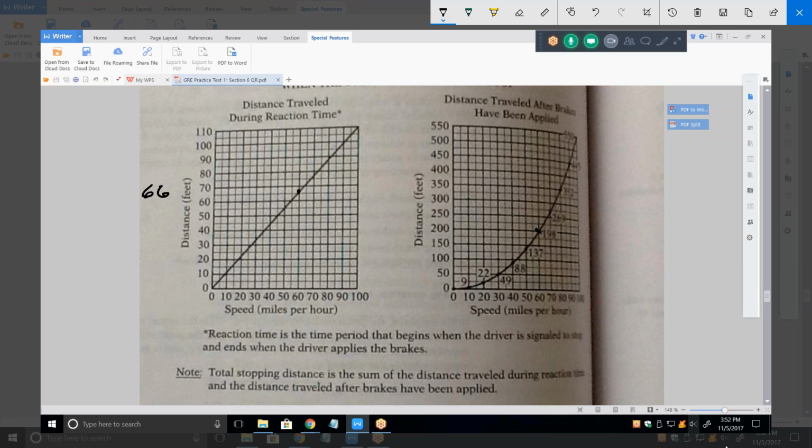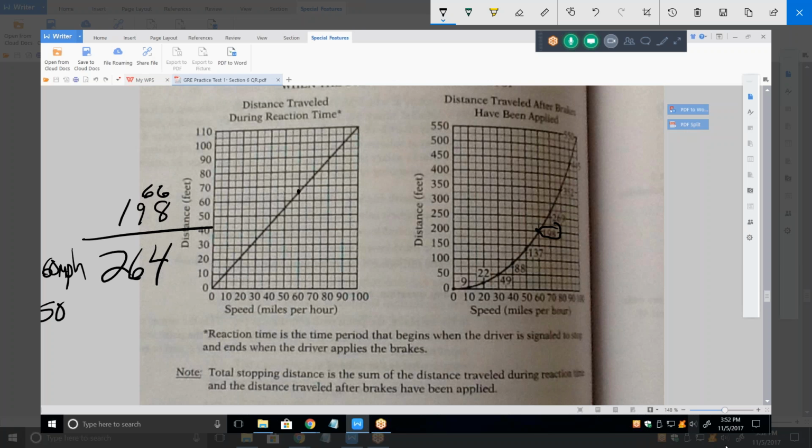That number is 198, but only because they've labeled it. See the 198 right there? Right. Okay. So 66 and 198 is 264. That's how far you're going when you're going 60 miles per hour.